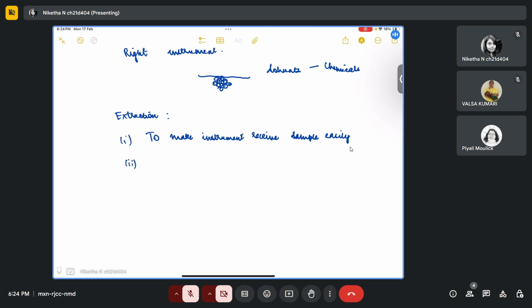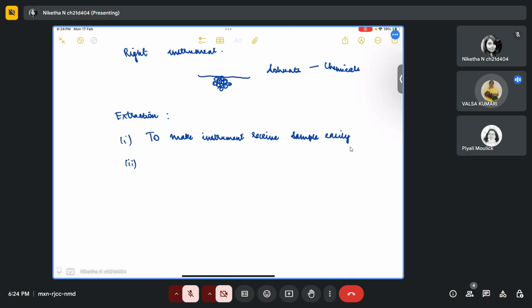Can someone tell me the second reason why we do this? To increase the concentration of the pollutant in that solvent, because the pollutant present in water may be very small, which is below the detection limit.